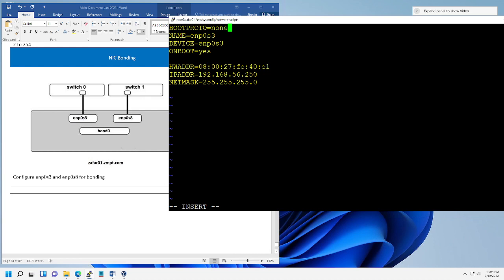Okay, here I'm going to add a line. Also, I don't need the name here. So I have BOOTPROTO, DEVICE, ONBOOT. And then I'm adding a new line here. I'm going to say SLAVE. Is this going to be a slave? Yes.